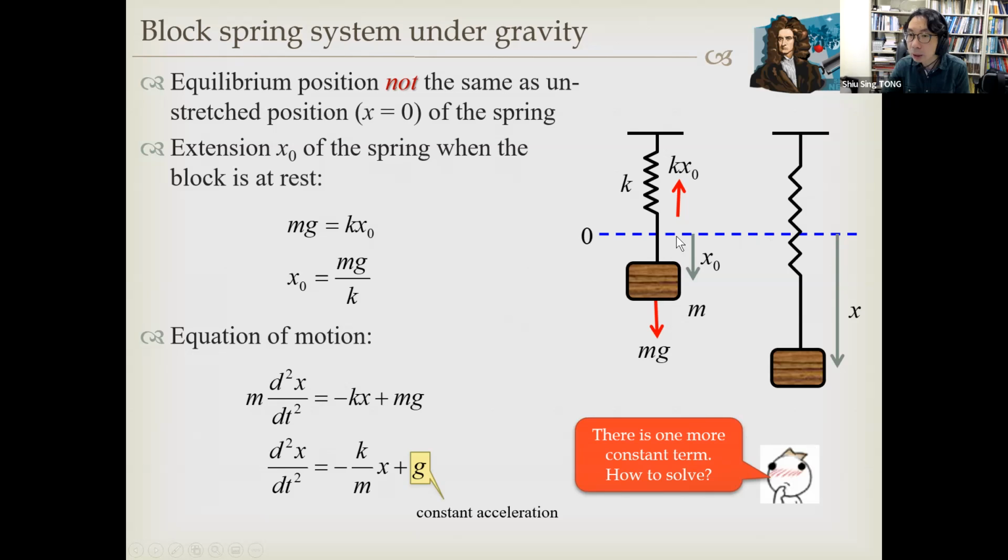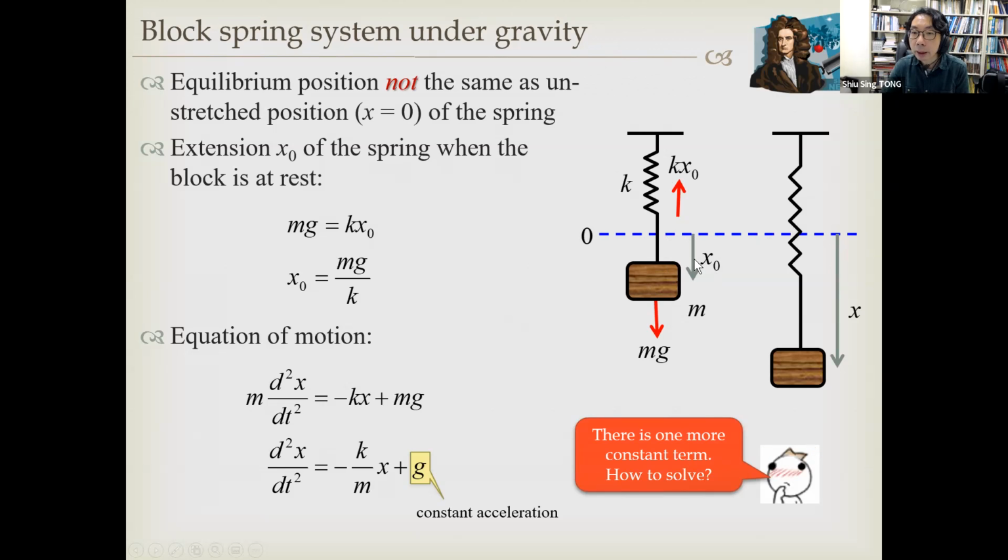If I denote the unstretched position of the spring by this level, when the block is at this level, which is called the equilibrium level, at this level I call 0, the spring is unstretched. So when I release the block gently, it will stretch the spring by an amount of x0.